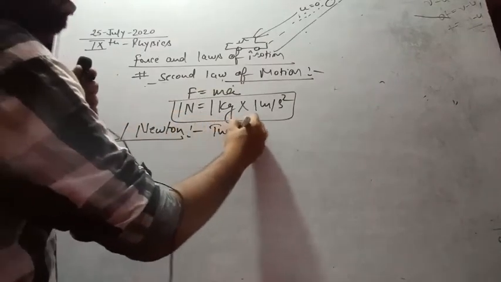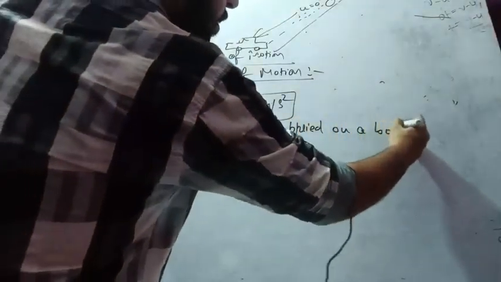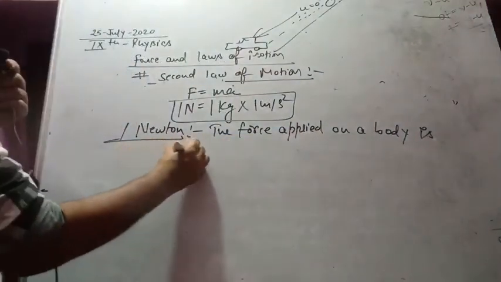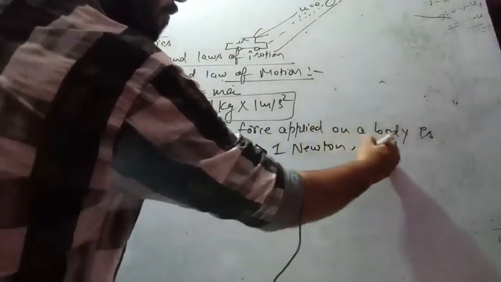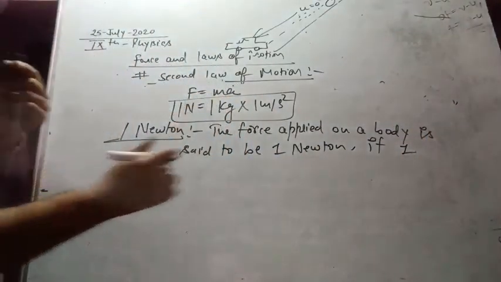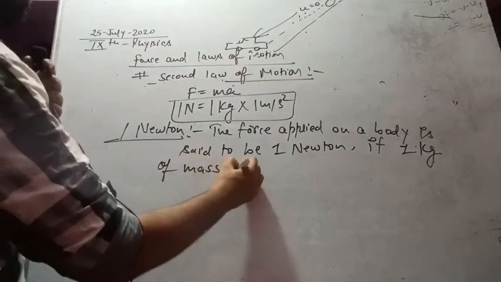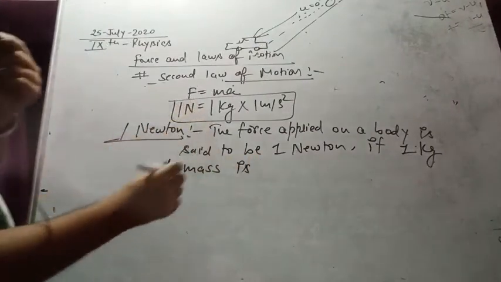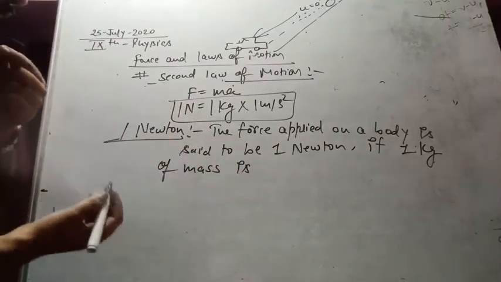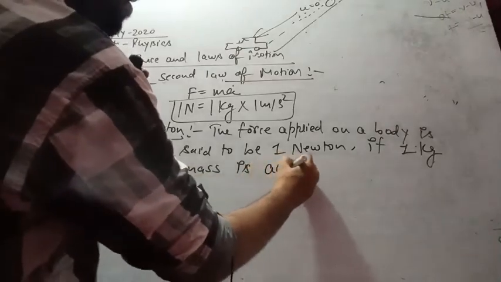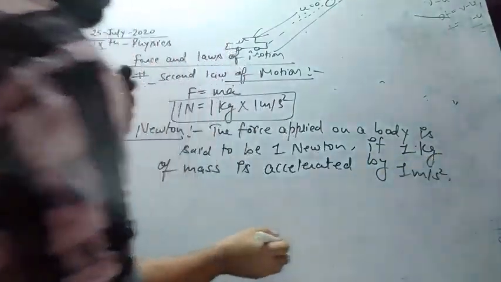The force applied on a body is said to be 1 Newton if 1 kilogram of mass is accelerated by 1 meter per second square.